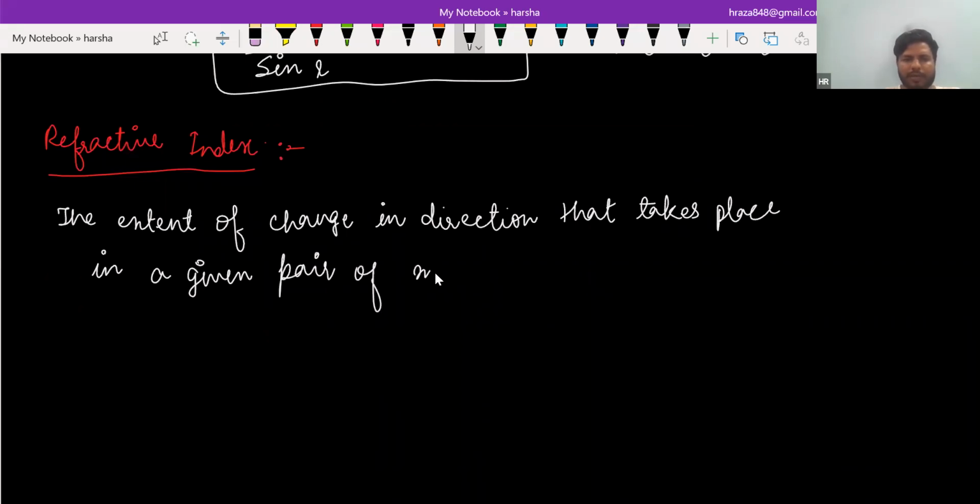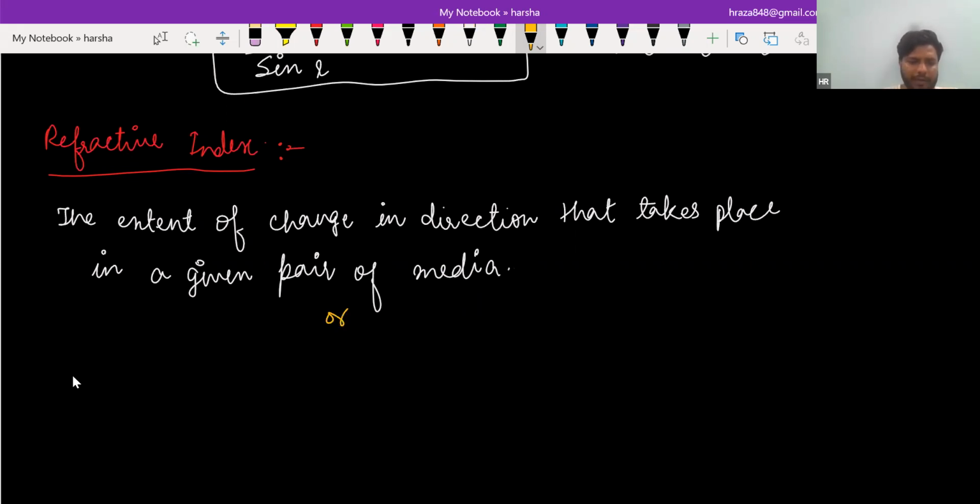So basically, how much the light will bend, that defines the refractive index when light goes from one medium to another. How much there will be change in the direction of light is defined by the refractive index.